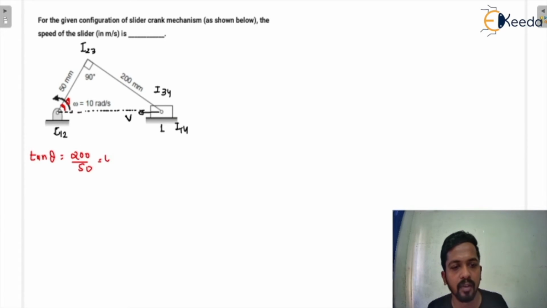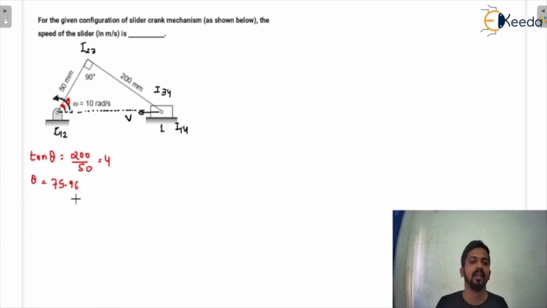So that is 4. And what would be the value of theta? That is 75.96 degrees.